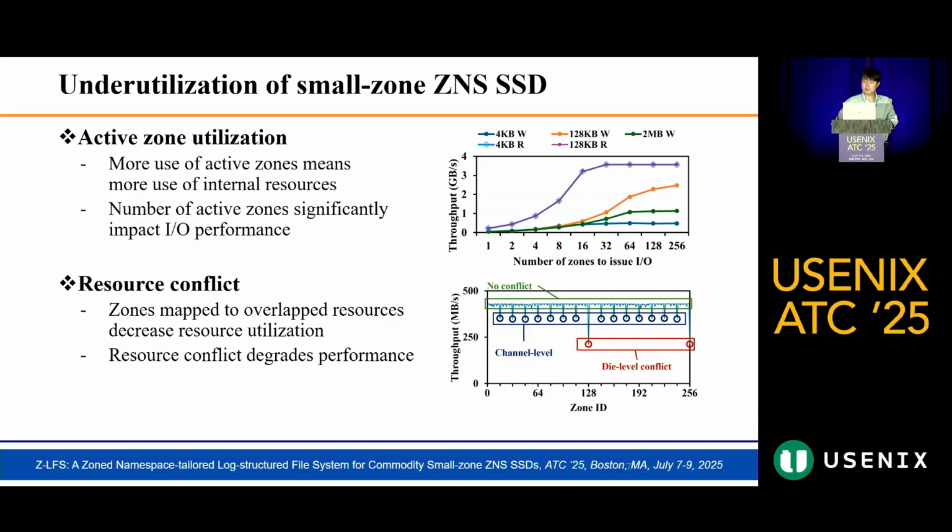Furthermore, even with high utilization of active zones, using zones mapped to overlapping resources can decrease performance. The other figure shows read performance when reading data from two zones in parallel. Compared to the no-conflict scenario, performance with channel-level and die-level conflict is reduced by about 20 and 50% respectively.